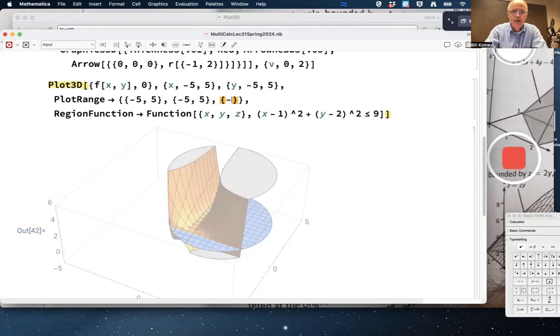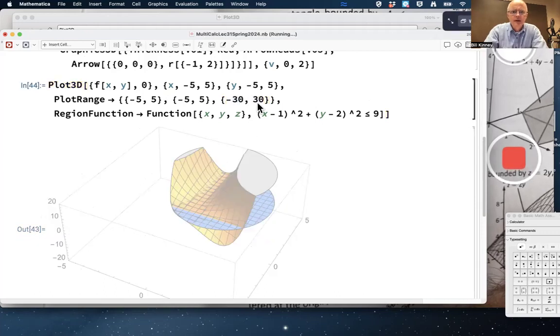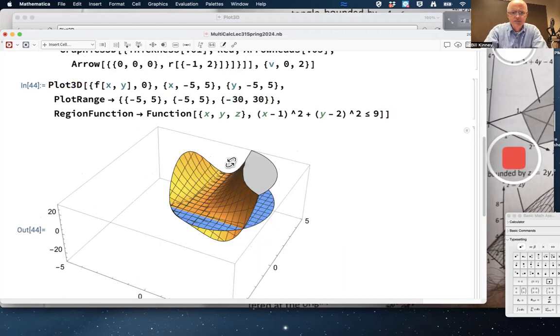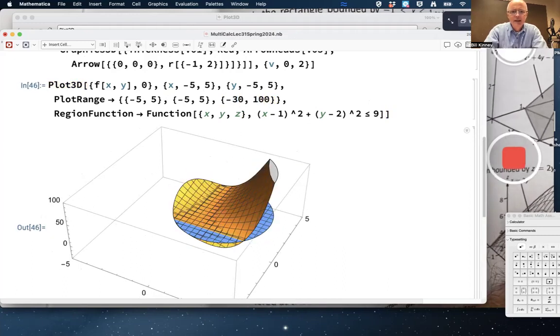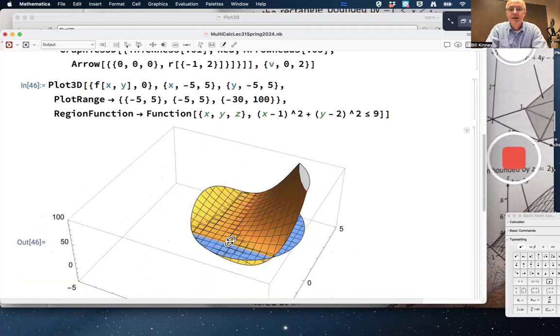I don't know, -20 to 20 or something. Getting close. So the surface is this Pringles kind of shape thing. Getting close to seeing all of it. That's the surface. It is over a disk of radius 3 centered at (1, 2). That's the surface we're trying to parameterize.